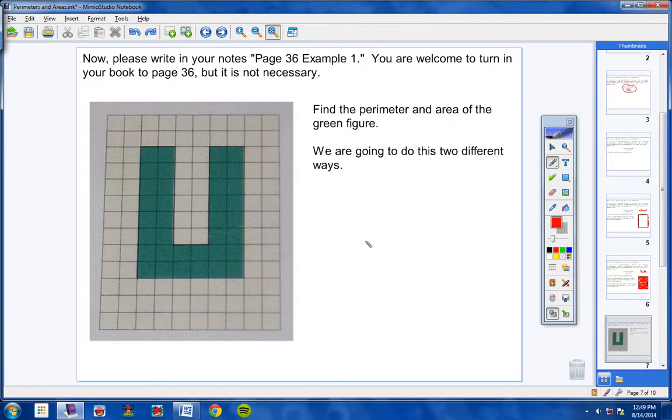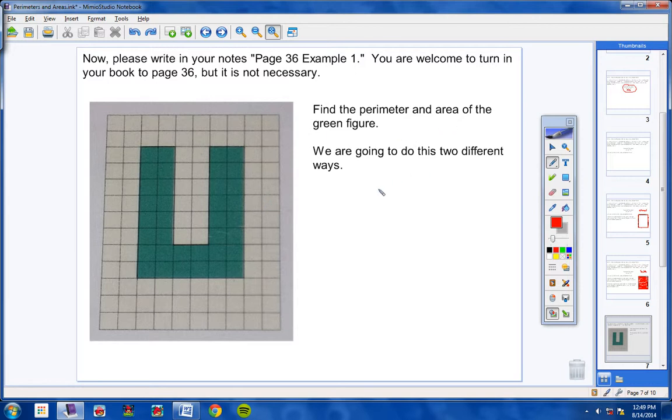Plus, this problem is pretty easy, so I don't think you'll need to take notes on this, although please don't feel dumb if you choose to. That's totally fine. But I want you to have written it so that you know we covered this problem, and you can go back and look at it later when you're studying. Now, I want us to find the perimeter and area of the green figure.